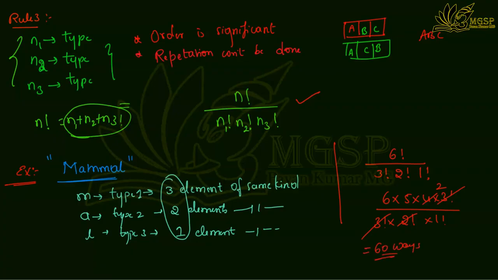Now we have seen permutation. Now let's go to combination. What is combination? Here the important thing you need to know is that order doesn't matter.